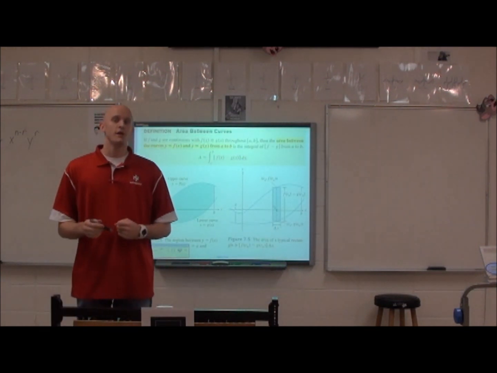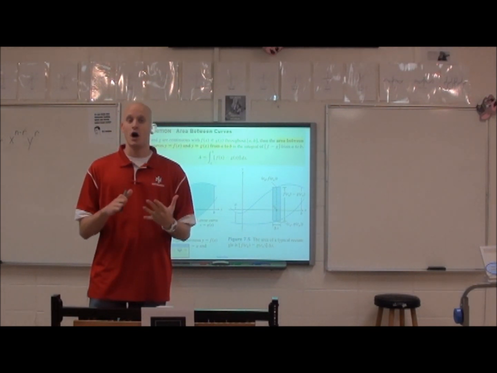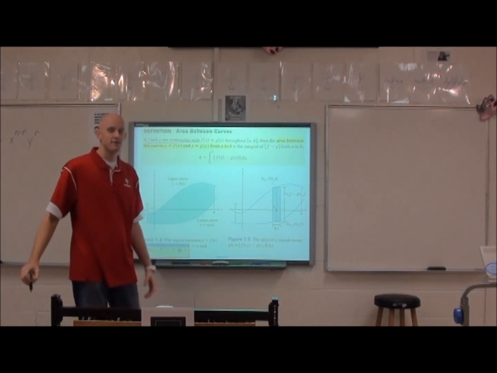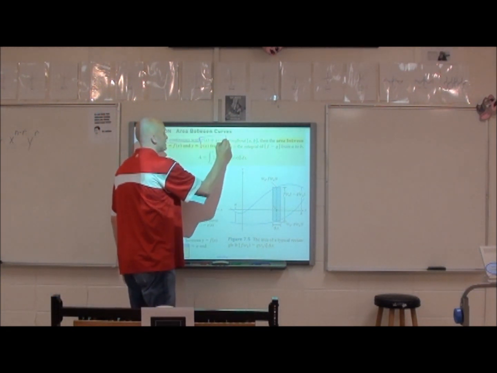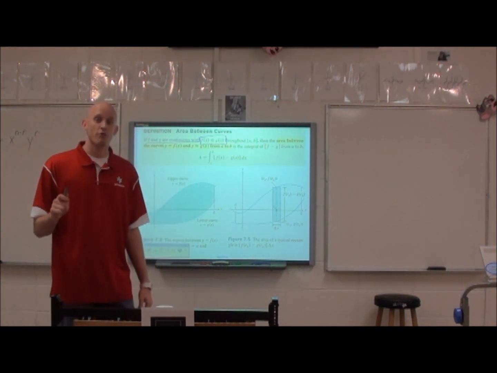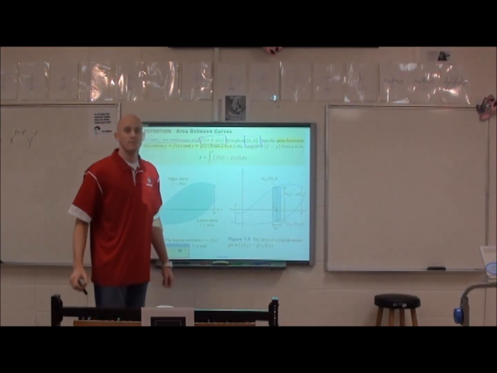Alright, area between two curves. As usual with calculus, you need to have things that are true. For example, the two functions have to be continuous. f of x has to be greater than or equal to g of x throughout the interval, a closed interval from a to b.